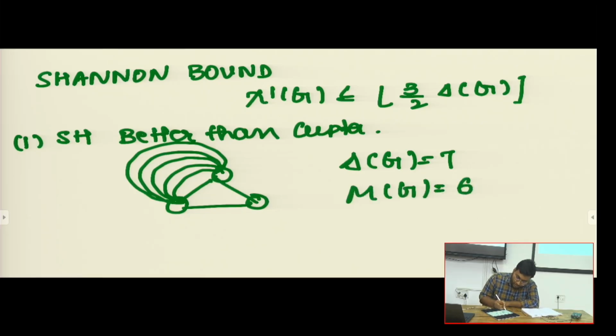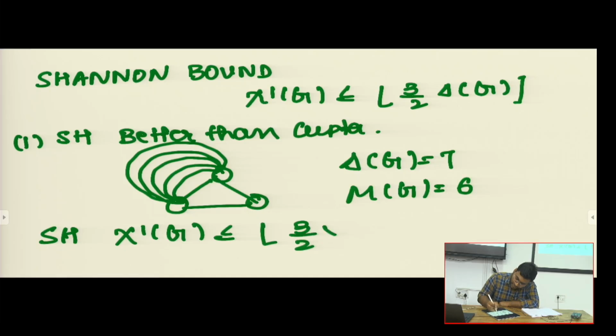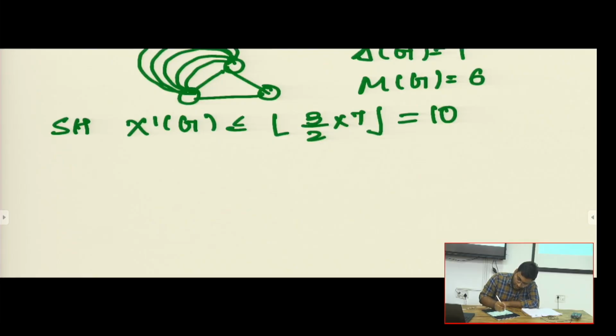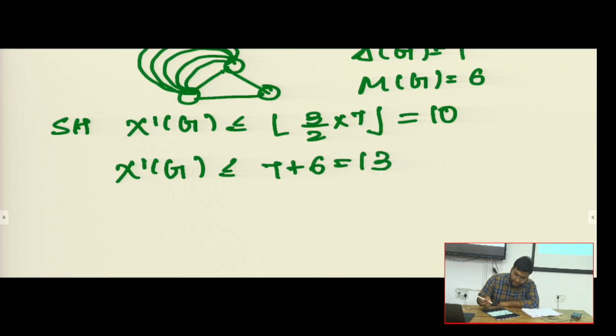According to the Shannon bound, it will be less than or equal to 3 by 2 into 7, which is nothing but 10. And according to Gupta's bound, this would be 7 plus 6, which is 13. So here the Shannon bound is better than Gupta's bound.